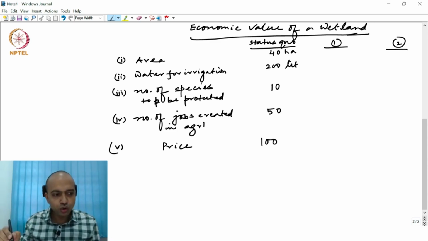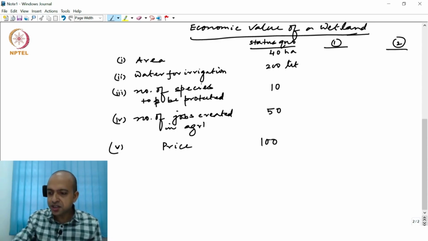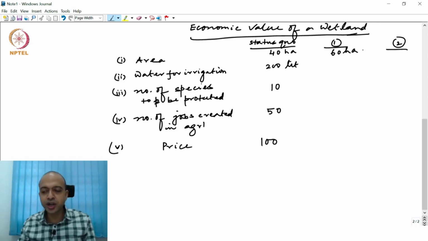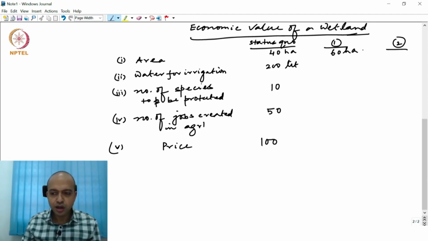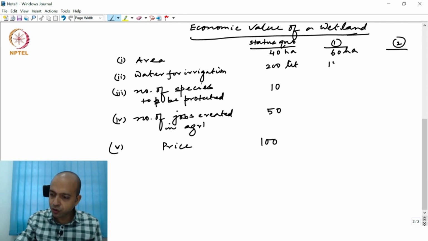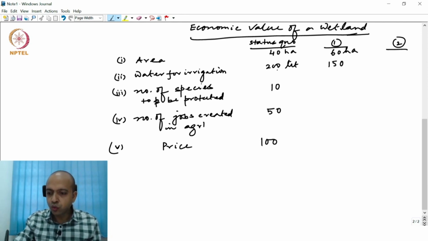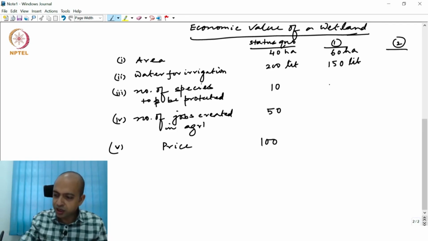Now in scenario 1, let's say the hectare is 60. That means the size of the wetland has increased, but the water for irrigation supply is coming down from 200 to 150. And how many species can you protect? 20. How many jobs can you create? 40.